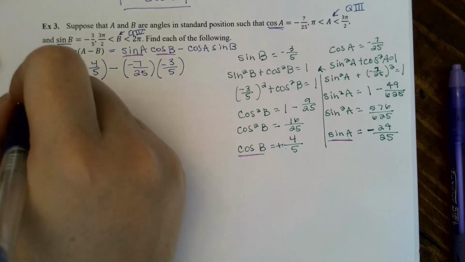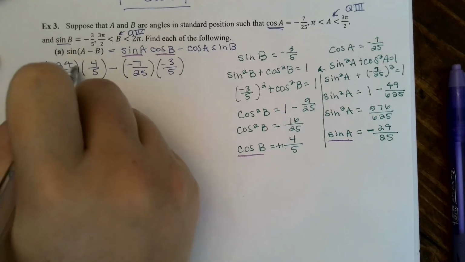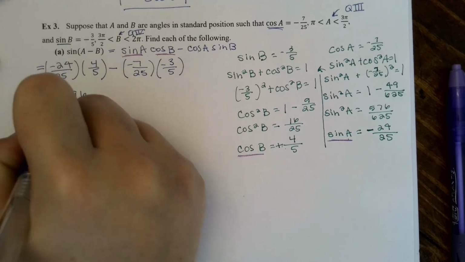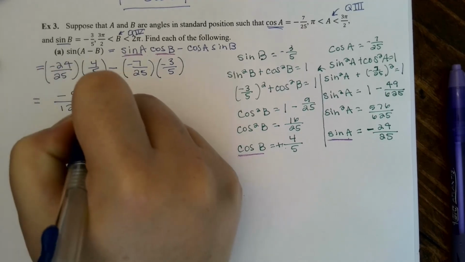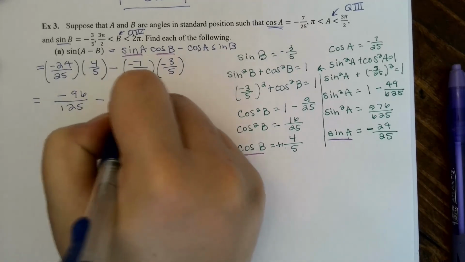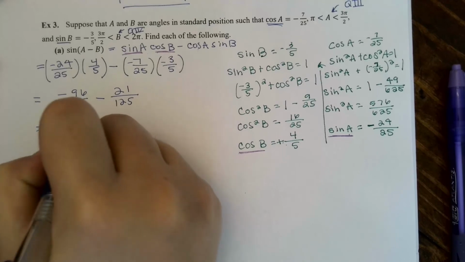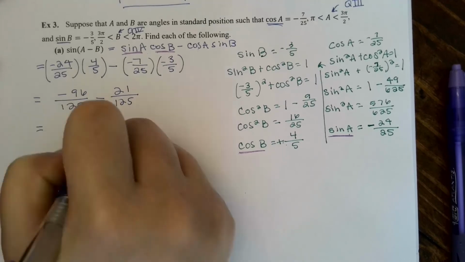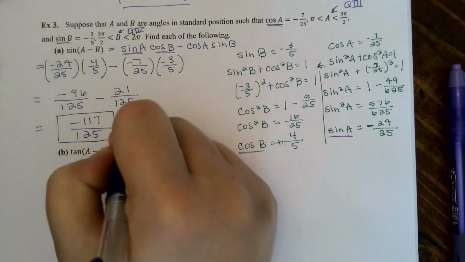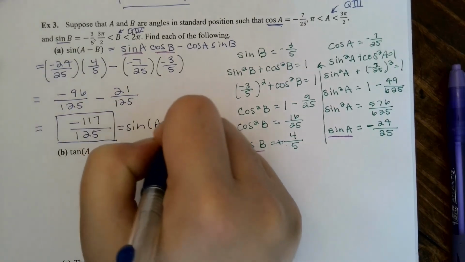From here we just multiply everything out. We have -24 times 4, which gives me -96/125, minus a positive 21/125. So I get -117/125. That's my answer for sine of A minus B.